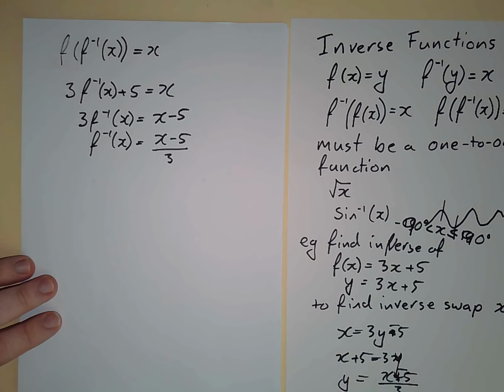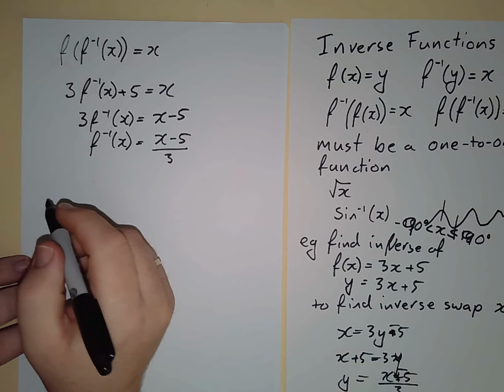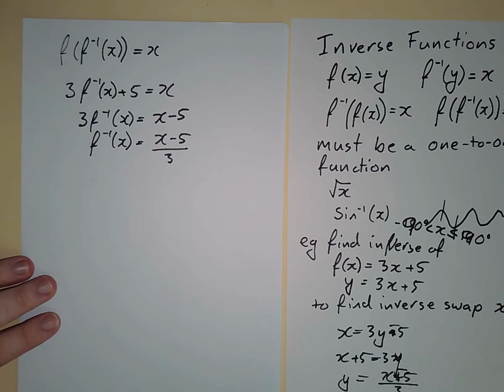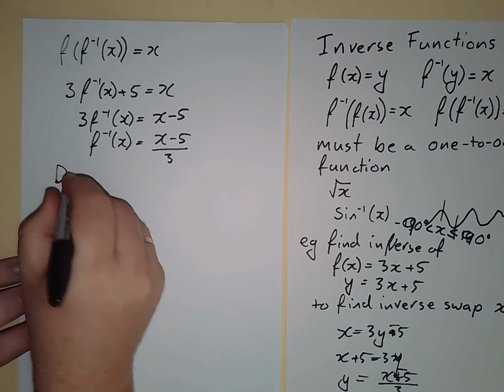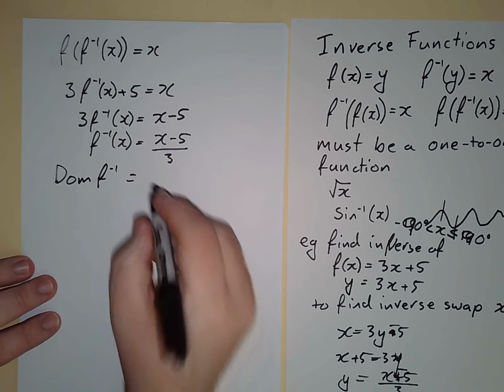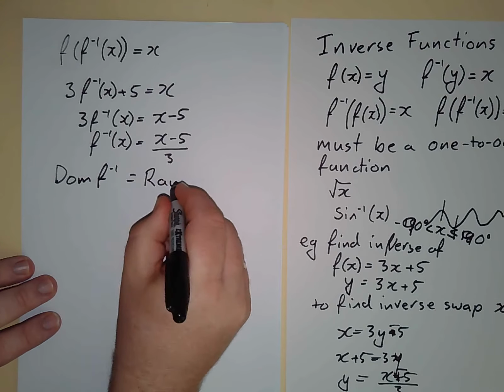Now, if you are asked about the domain and range of your inverse, well, because your function takes in some values and it's going to pop out all the values which is in your range, your inverse is going to take all those range. So the domain of your inverse must equal the range of your original function.